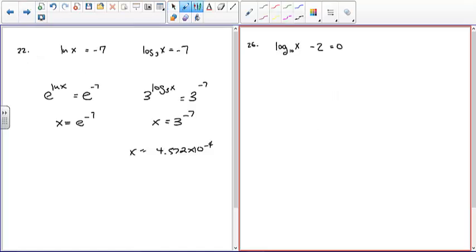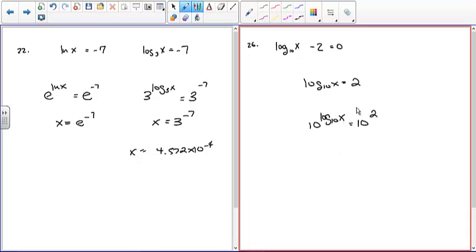Okay, here we want to solve for this part. Log base 10 of x equals 2. And so it's the log base 10, so using the inverse properties of logarithms and exponents, I'm going to choose 10 as my base.